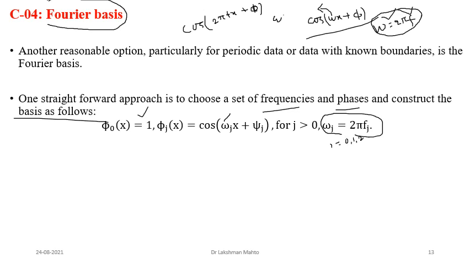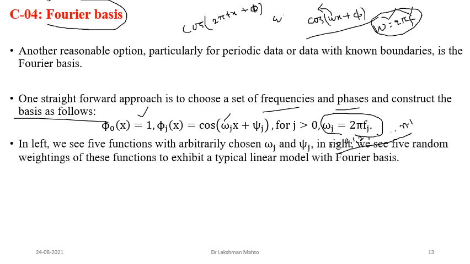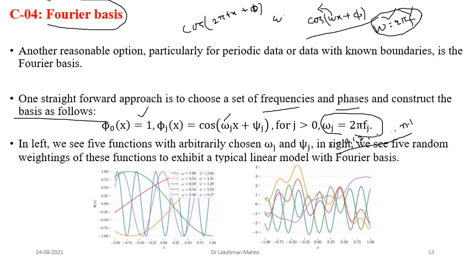It depends upon what kind of feature space you want. Or you can go up to n minus 1. If you are willing to get an n dimensional feature space, then you have to vary j from 0 to n minus 1. Then try to visualize each feature map or basis function.